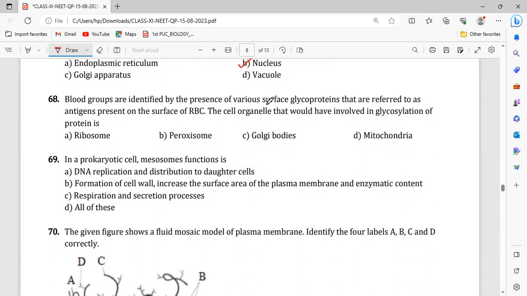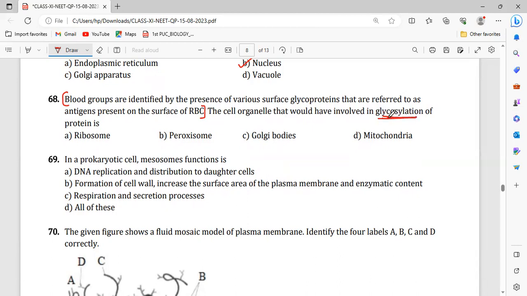Blood groups are identified by the presence of various surface glycoproteins that are referred to as antigens present on the surface of RBC. The organelle that would be involved in glycosylation of protein. So here, see the first half. You might feel that is some question they are asking about blood groups, antigens, which we had not come across. But this second sentence, if you see, the cell organelle that would be involved in glycosylation.